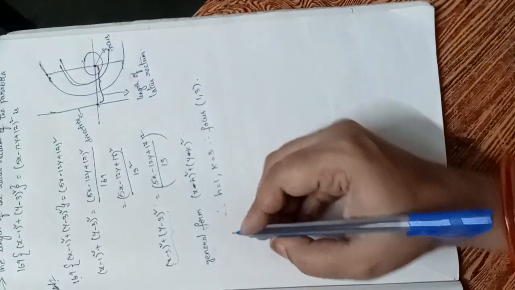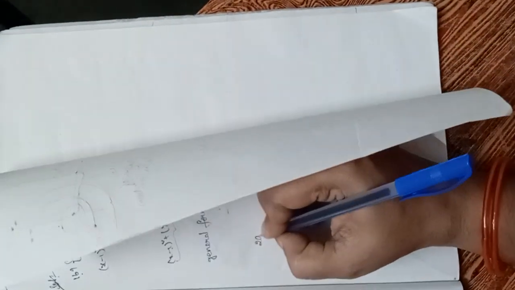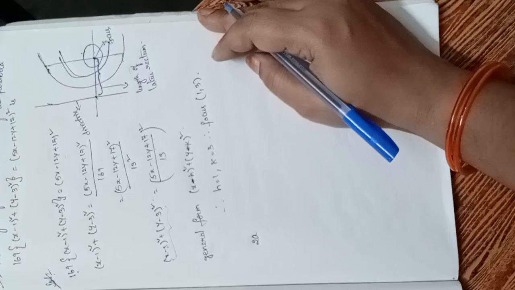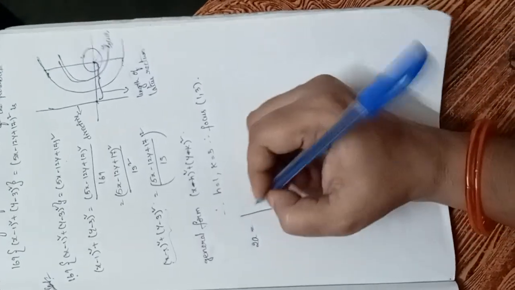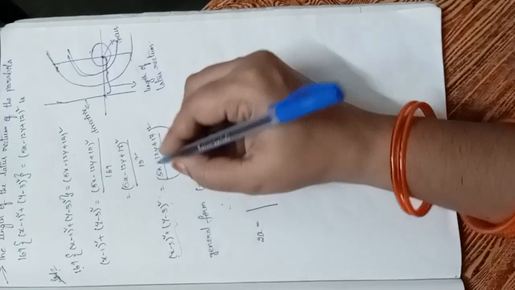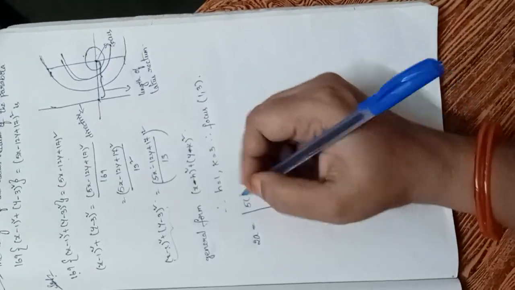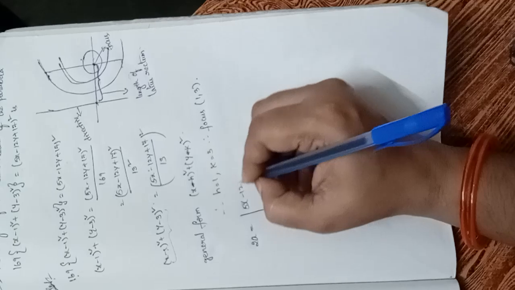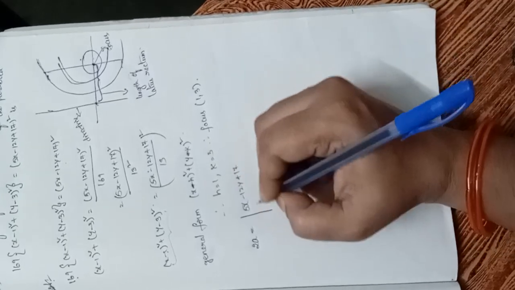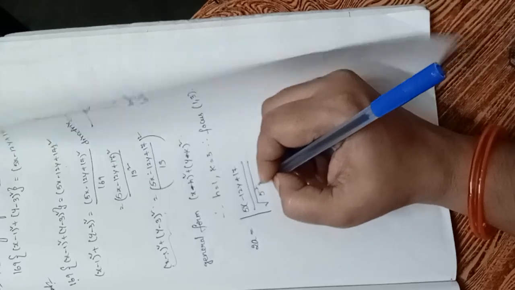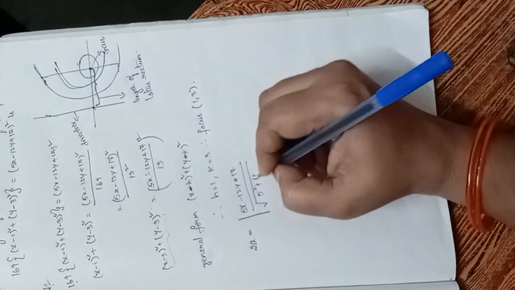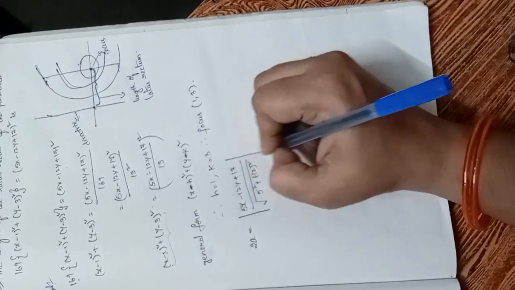How to find it? Actually that is denoted by 2a, the double ordinate. 2a is equal to mod of (5x minus 12y plus 17) by root of (5 square plus minus 12 square).